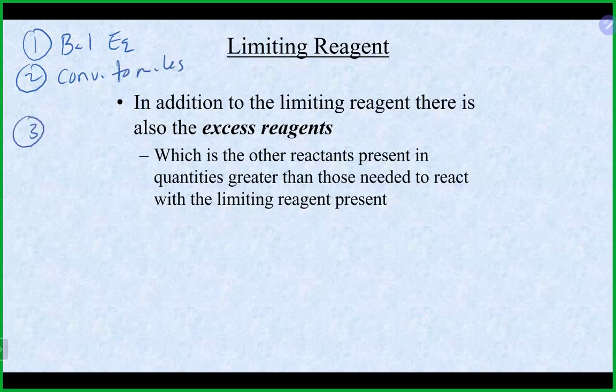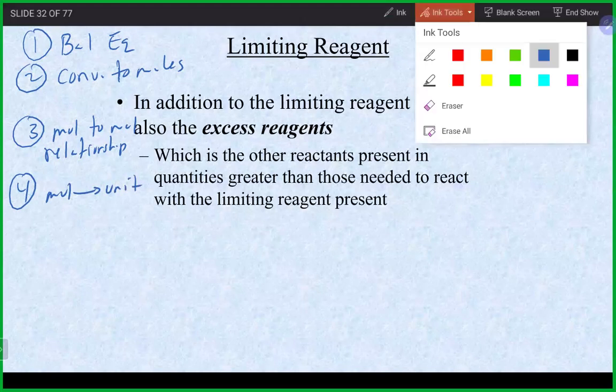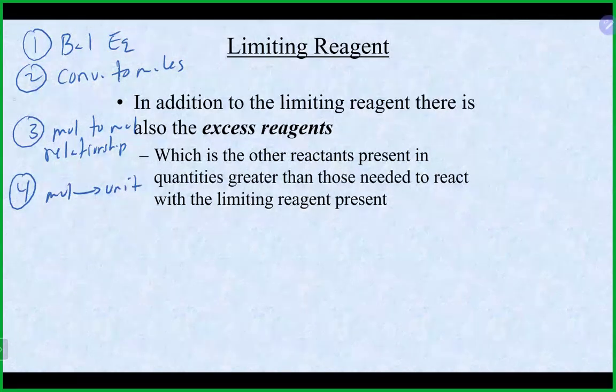You still at some point want to use your mole to mole relationship, and you want to go from moles to some other unit. The difference is, and there are a couple of different ways you can do these types of problems, but the way we're going to be learning it in here is right around here.